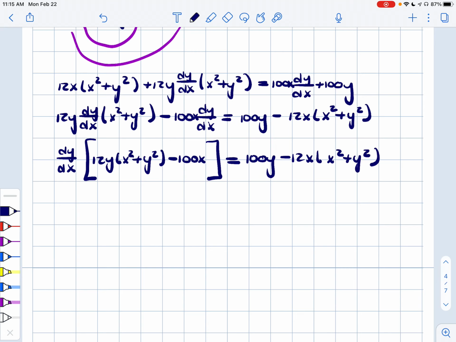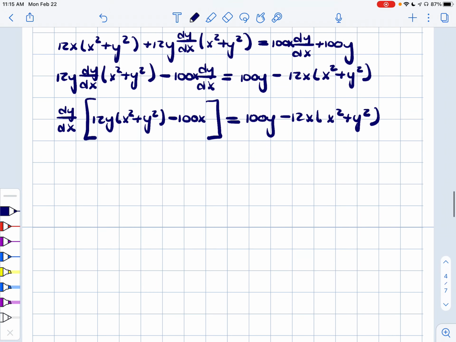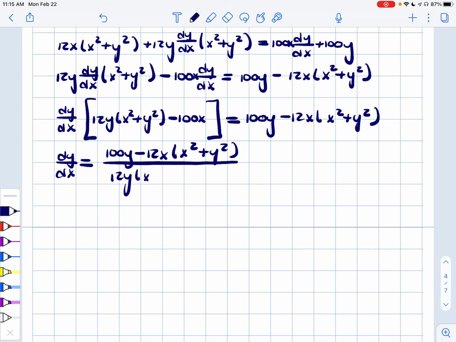Then solving for dy dx, we just need to divide. So we'll have 100y minus 12x times the quantity x squared plus y squared, divided by 12y times the quantity x squared plus y squared minus 100x.